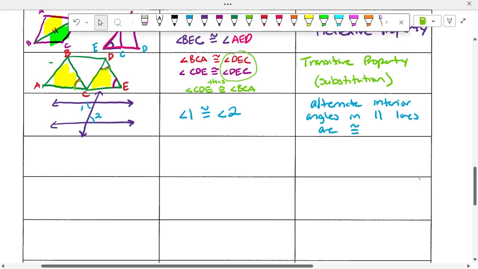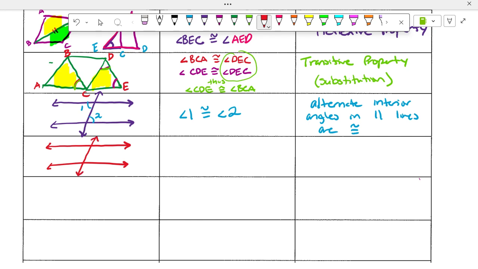All right. We also have another set of parallel lines. I can say that these two angles are congruent, so angle 1 is congruent to angle 2. Why? What's the relationship between those two angles?